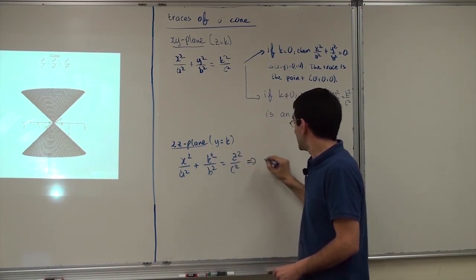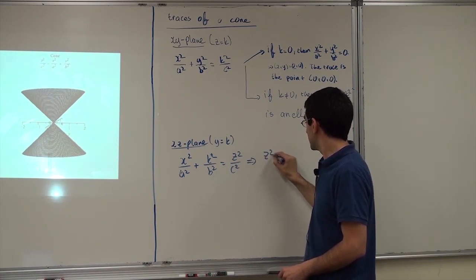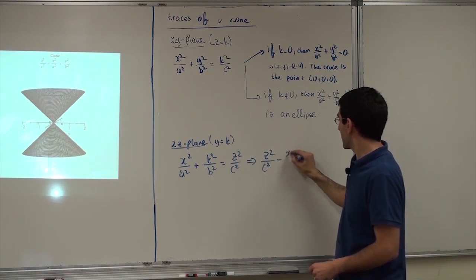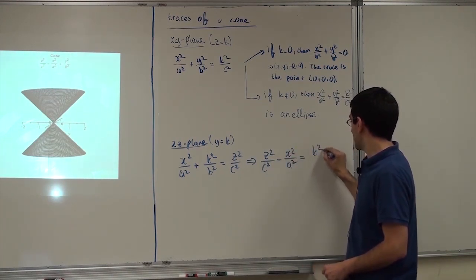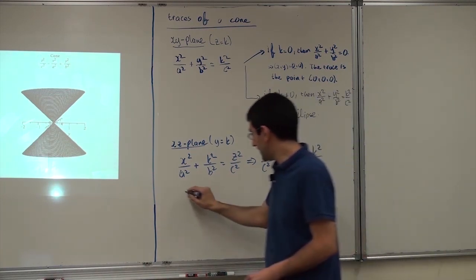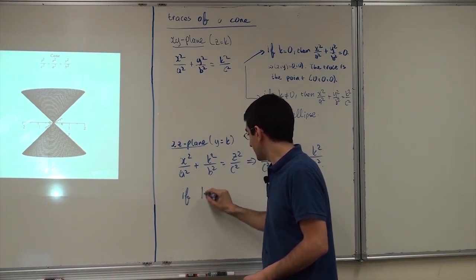Now, let's rewrite this as follows: z squared over c squared minus x squared over a squared is equal to k squared over b squared. Now, again, we have two possibilities.